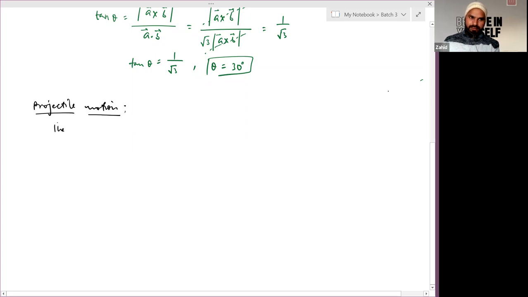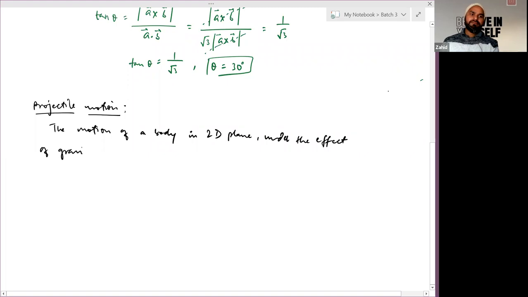So you say the motion of a body in two-dimensional plane under the effect of gravity alone is termed as projectile motion.